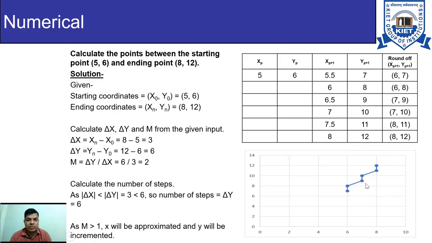So this is the main drawback of the DDA algorithm. Again we have aliasing in the line, but the main advantage of this algorithm is that we are not using any multiplication, we are just doing addition.